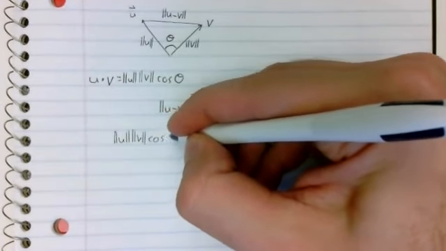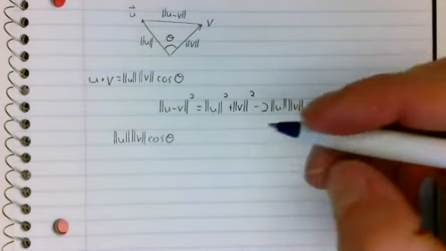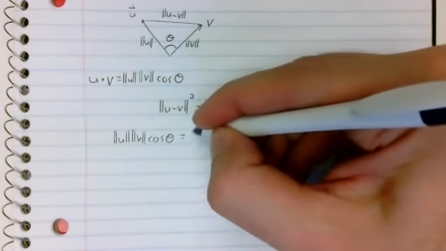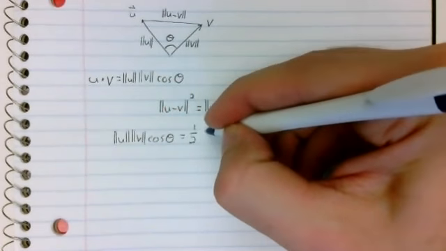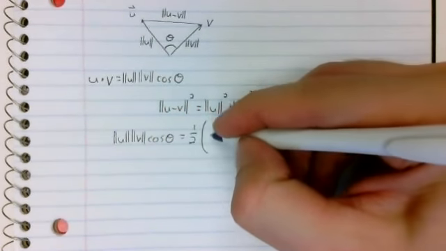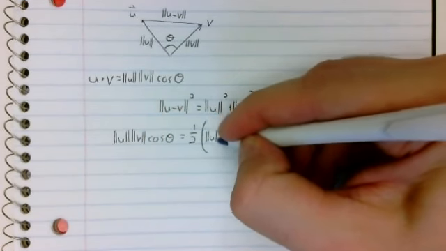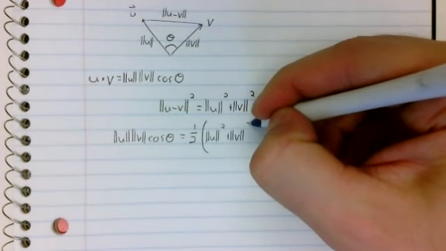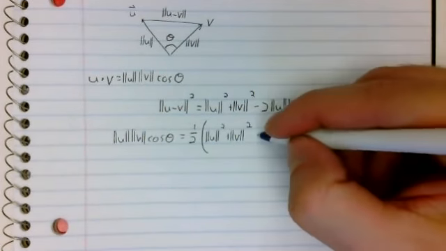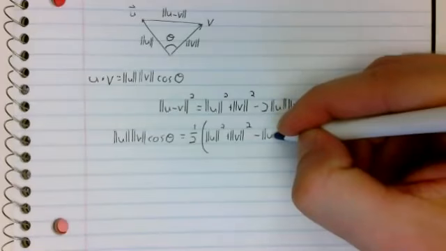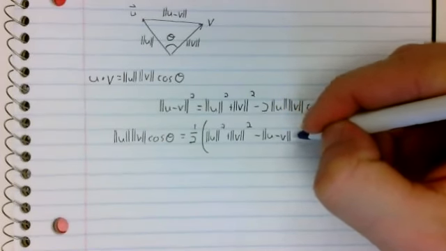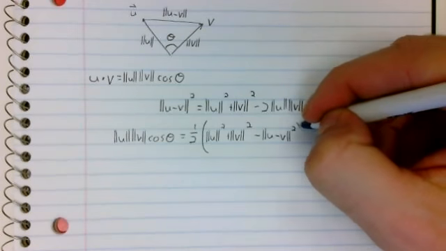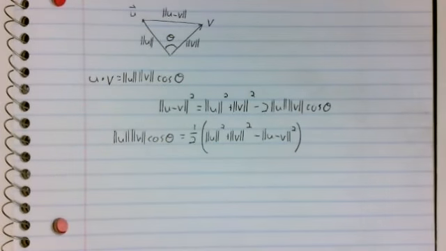We're just moving things around algebraically here. So this is 1/2 times the norm of u squared plus the norm of v squared minus the norm of u minus v squared.